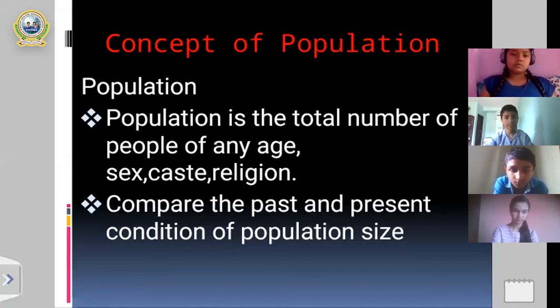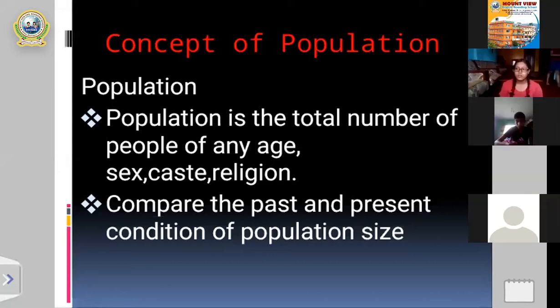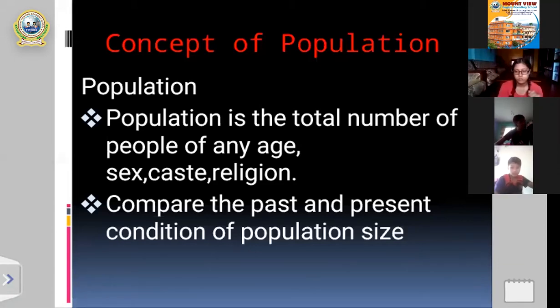Because of less population, there was less pollution. But recently, because of population growth, there is high pollution. The environment is being polluted day by day because of the population size. It means the population is increasing in size.